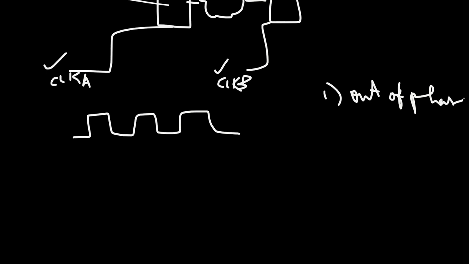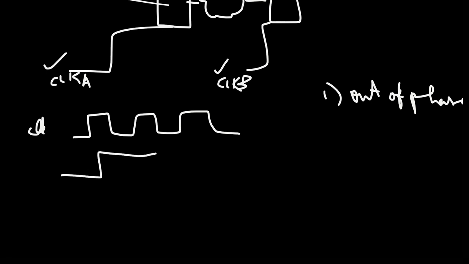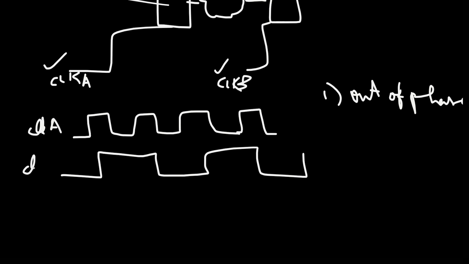So this is clock A, let us say, and the other clock is shifted a little bit. You can see that these two clocks are out of phase here.